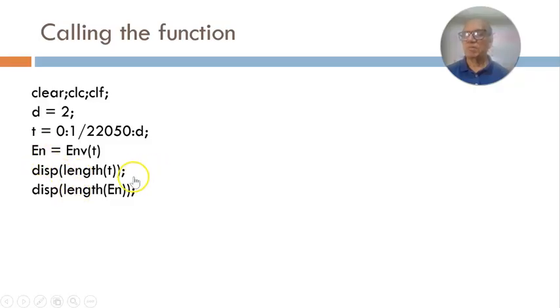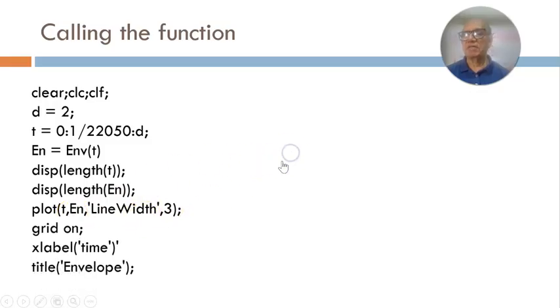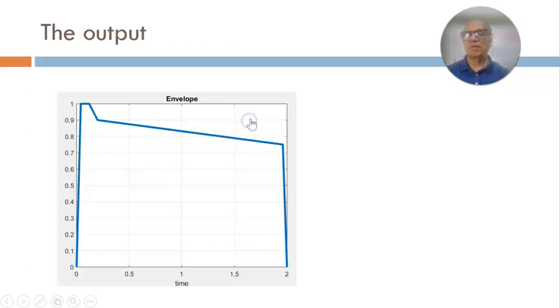The way we have written the program, indeed they turn out to be same, but we are just checking it. And then you plot t versus En with an appropriate line width, and then as usual you say grid on, x label time and the title envelope. Okay, so when you execute this main program, the calling program, then you get your output, that is the envelope.